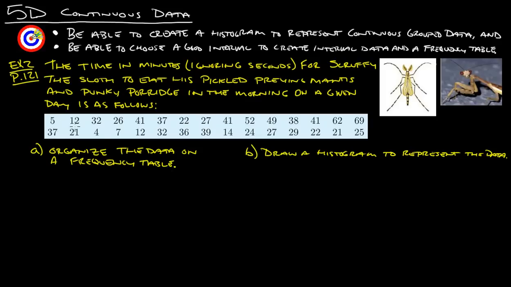Taking a look at this, we go all the way down from 4 up to, what is it, 69? That looks like the biggest number it goes up to. So let's do intervals of 10, and away we go.